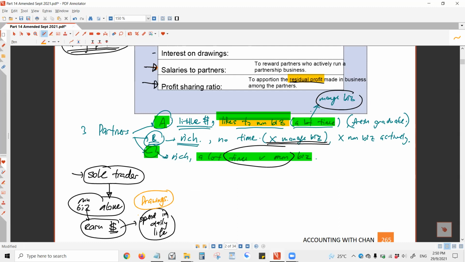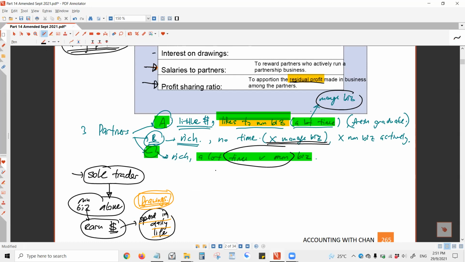That's why you take money out of the business for personal use, because you need to live a life. So now you can see why you need to have drawings in a sole trader business. The reason you have drawings is to let you take out some money from the business to be spent in personal life. You want to eat, you need to pay for electricity and so on. Make sense?